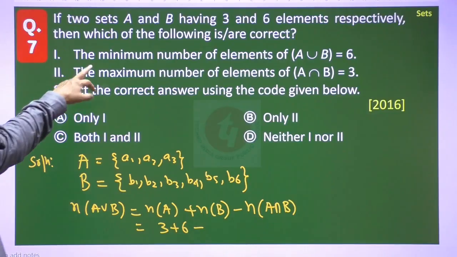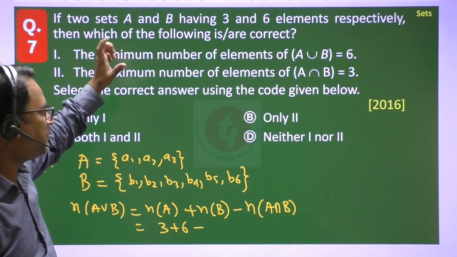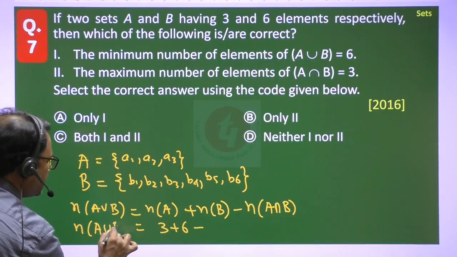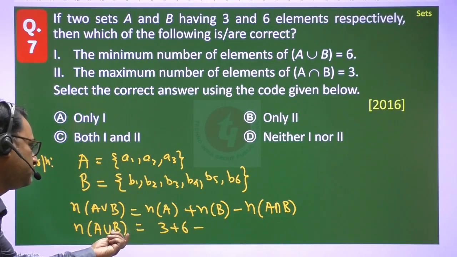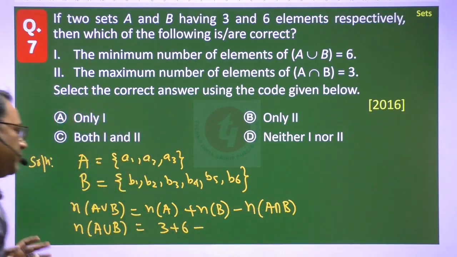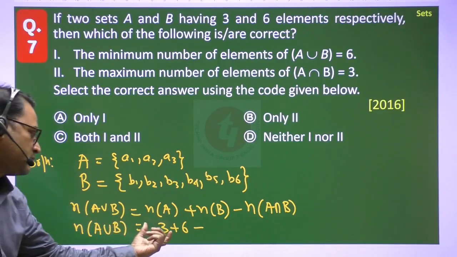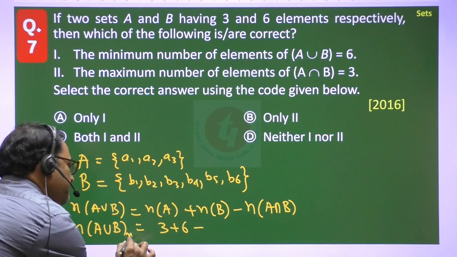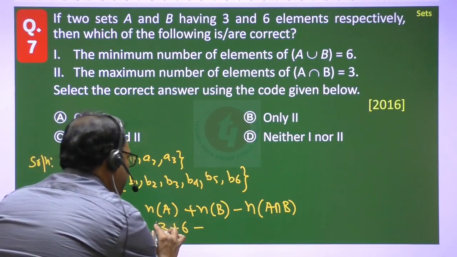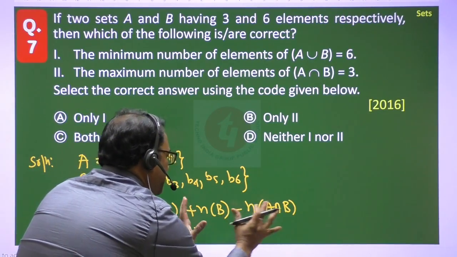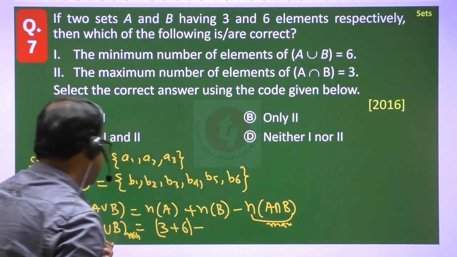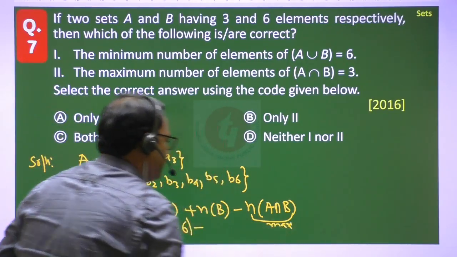If you want to calculate the minimum number in A union B, the result will be minimum when you subtract the maximum quantity. So if this part is maximum, then after deduction you will get the minimum value.